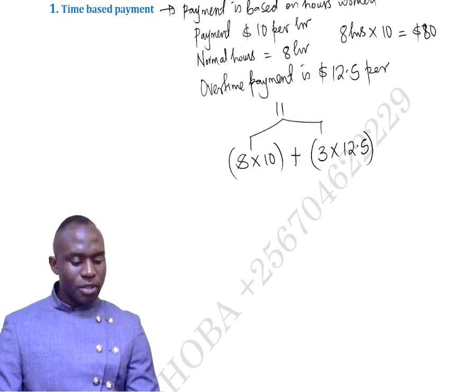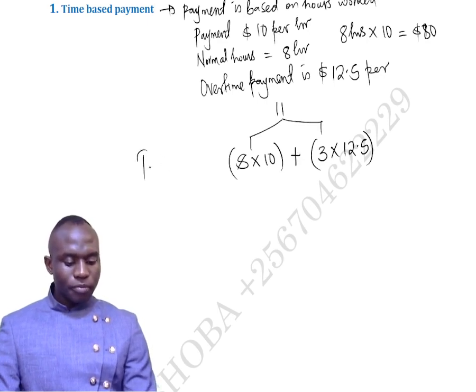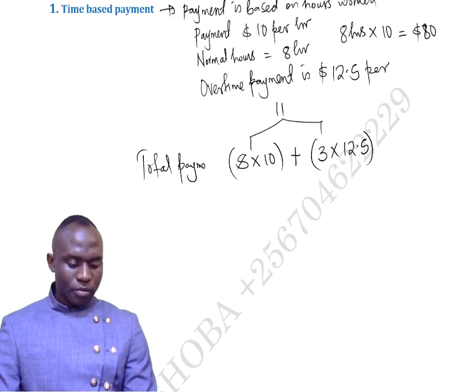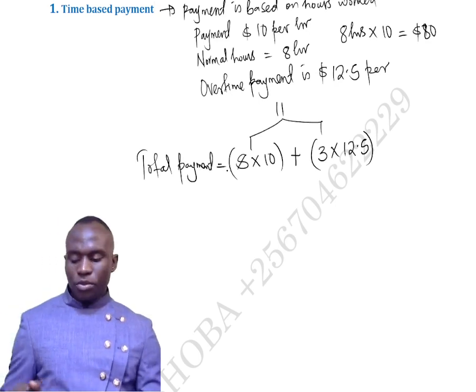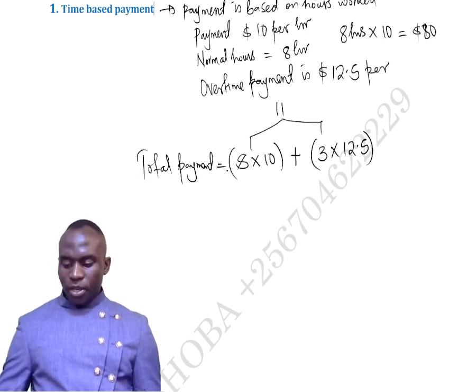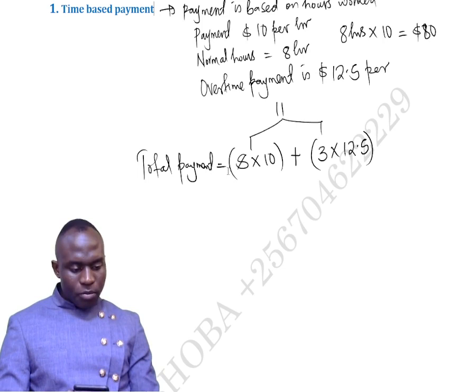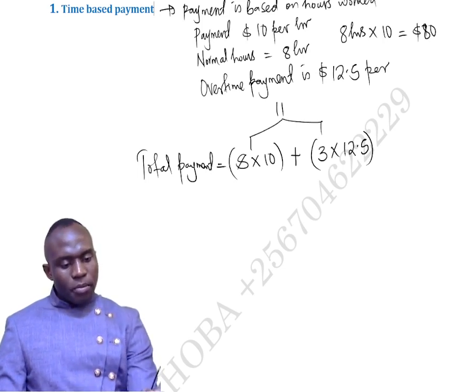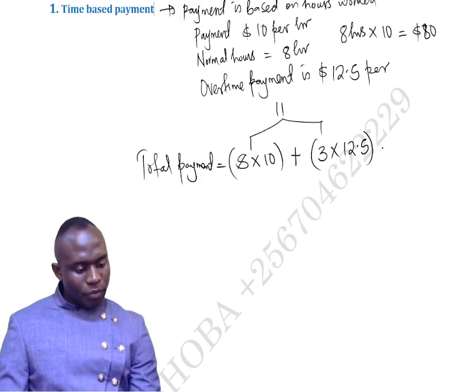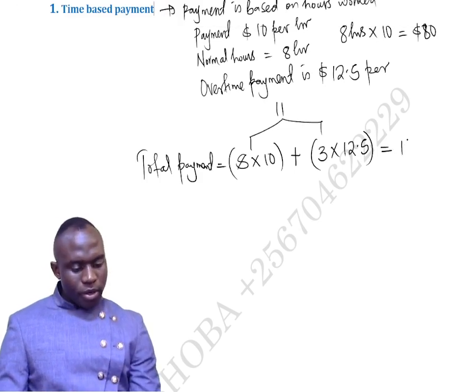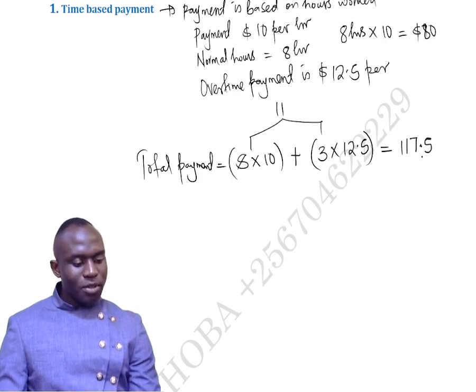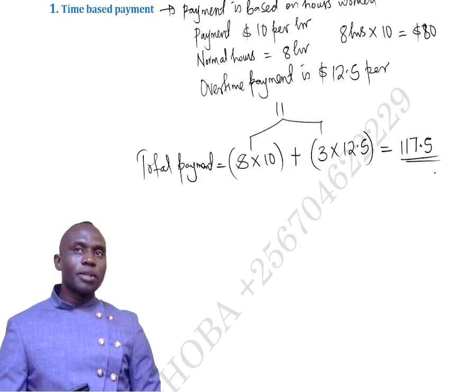So the total payment is going to be 8 times 10, so that is 80, plus 3 times 12.5. So the total payment is going to be $117.5.